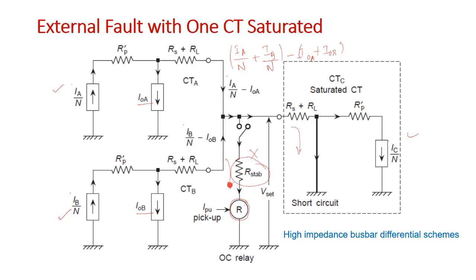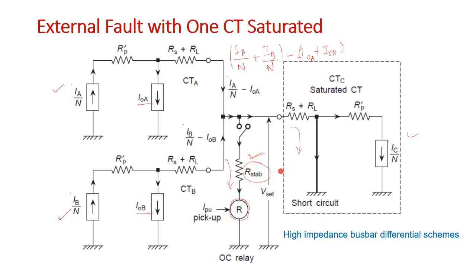Now how can we avoid this tripping? Just by connecting a resistance in the spill path, which we call the stabilizing resistance, which will resist the current flowing in the spill path, right? Then your current through the overcurrent relay in the spill path will be reduced, and it will become less than the pickup current.